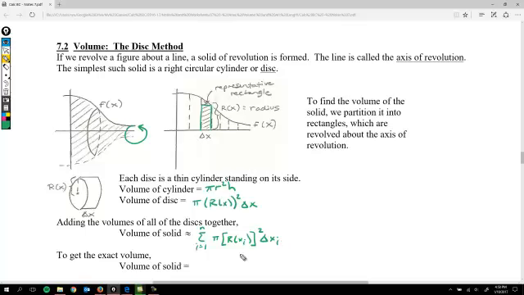This is an approximation because n could be a finite number, and then I would have these big, chunky cylinders in here, similar to a Riemann sum. But if I want the exact volume, I can take an infinite number of cylinders, meaning that the width or thickness of each cylinder is approaching 0.